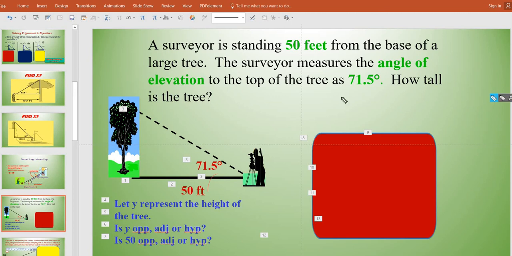By using tan of the angle of elevation, tan 71.5 degrees equals opposite over adjacent.